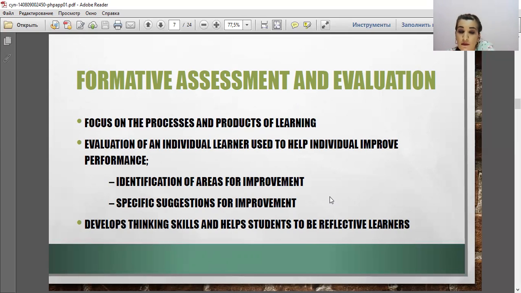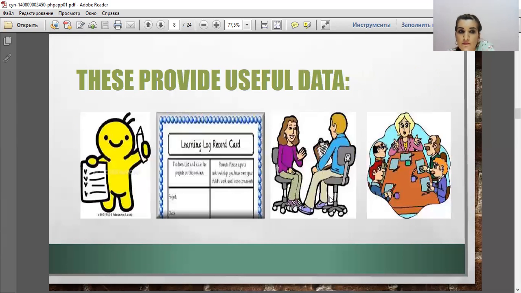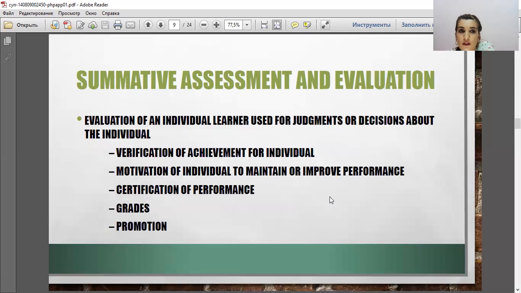All the four skills can be included in this case. So these provide useful data, as we mentioned before, that teacher will see and watch how her students are getting their knowledge day by day and improving their knowledge.